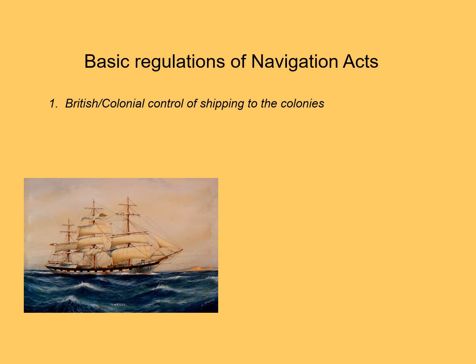The ships had to be built in Britain or in British colonies, and 3/4 of the crew working those ships, taking goods to the colonies, had to be British or colonial. Okay. The British want full control of all shipping to the colonies. Right? They want the ships to have been built in Britain or the colonies. Ships needed to be owned by British people or colonial people. 3/4 of the crew working those ships had to be British or colonial citizens.